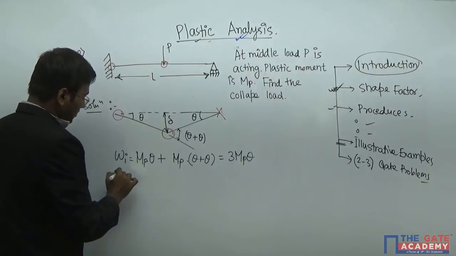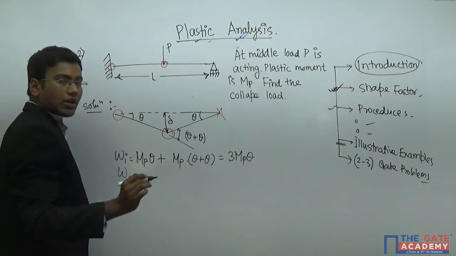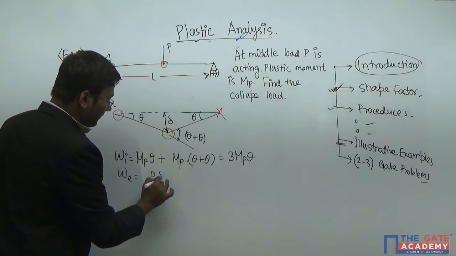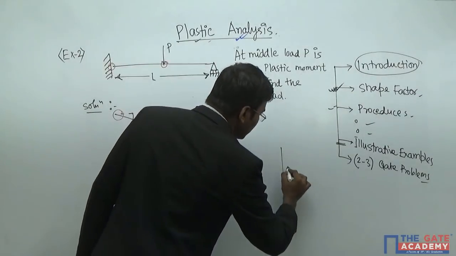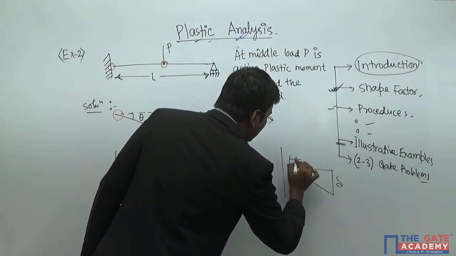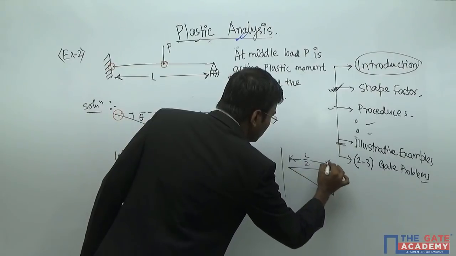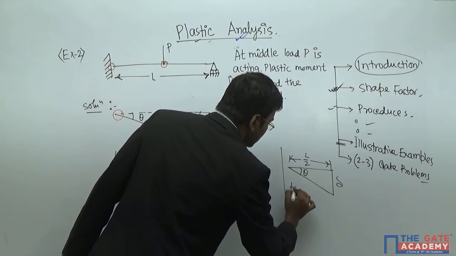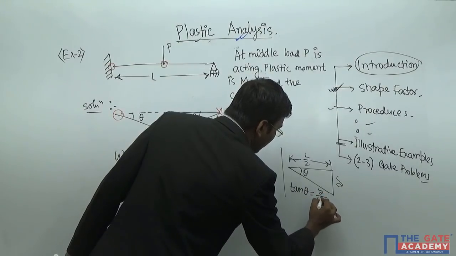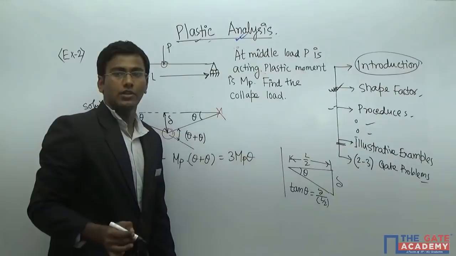Right? And external work, what is external work? Just P into delta. So again you have to find the delta, and this is equal to L by 2, and this is theta. So we can write tan theta equal to delta by L by 2, right?